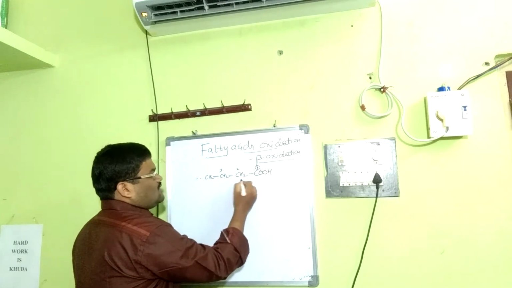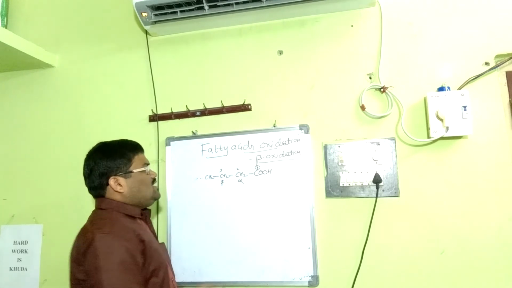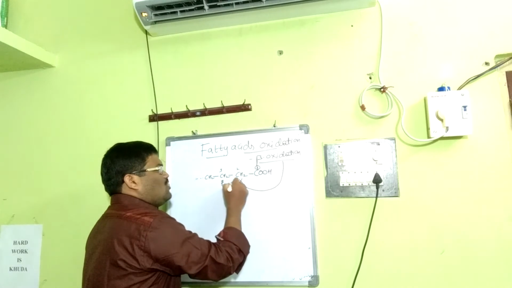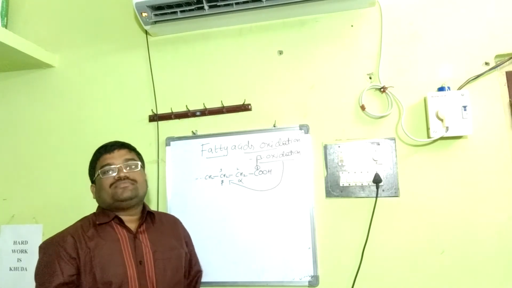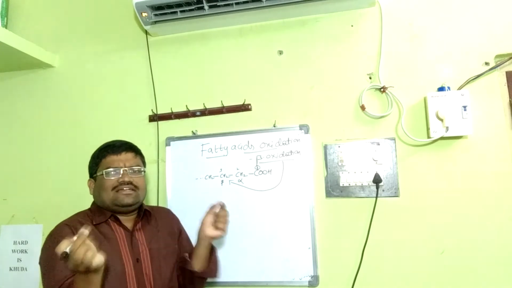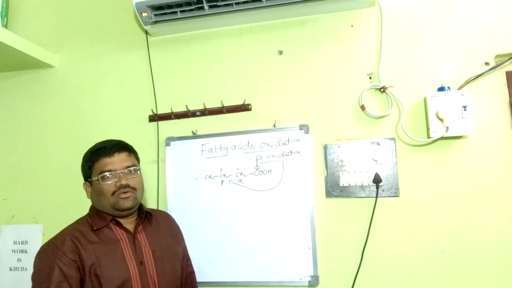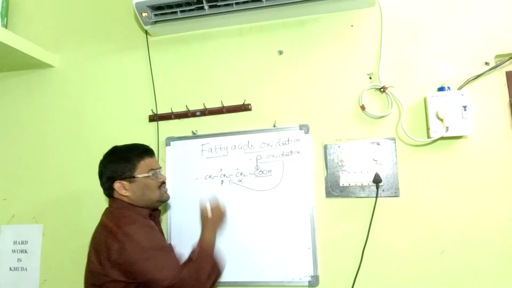Here the second is otherwise called alpha, and this is beta. That means oxidation of fatty acids on the beta carbon is known as beta oxidation. So the word is clear. Oxidation of fatty acids where? On the beta carbon.